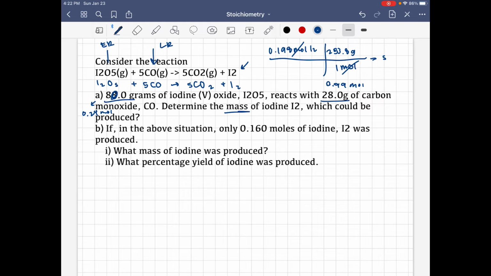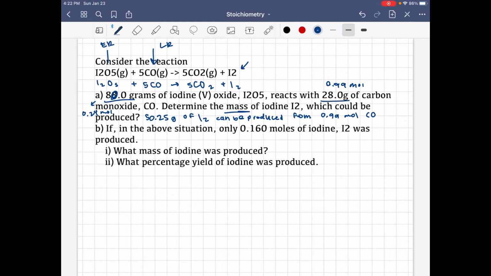And what you get is 50.25 grams. So that's how much can be produced. What that means is 50.25 grams of I2 can be produced from 0.99 moles of carbon monoxide.